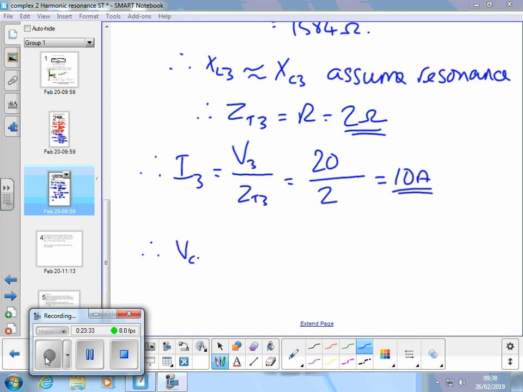Then VC3 is equal to, because we're resonant, VC3 and VL3 are essentially equal to each other and are equal to I times, we'll take XL for one.